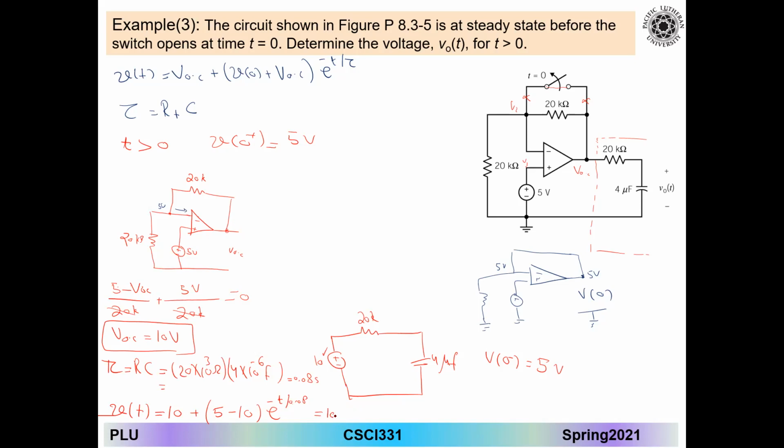Here is the 10 minus 5 e to the minus, you told me 1.5, minus 1.5 t, 12.5. No, I mean 1 over 0.08, reverse it. Yeah, 1 over 0.08, how much? 12.5. And it should be a negative sign.